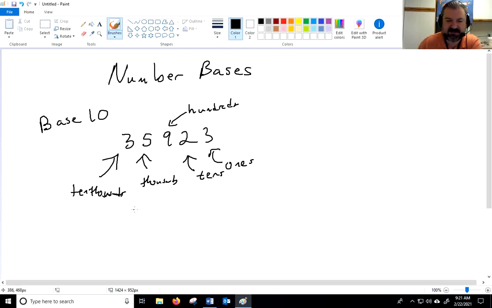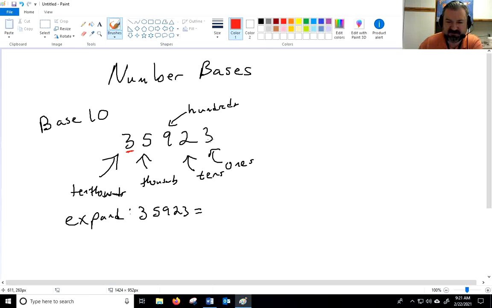Let's take a look at how this would look if we were to expand it. We're going to expand 35923, and this is something that you probably studied briefly in middle school and maybe didn't really know why. It would be probably easier to start on the right, but then our number is kind of backwards. So I'm going to start on the left, but I need to figure out what power of 10 that is.